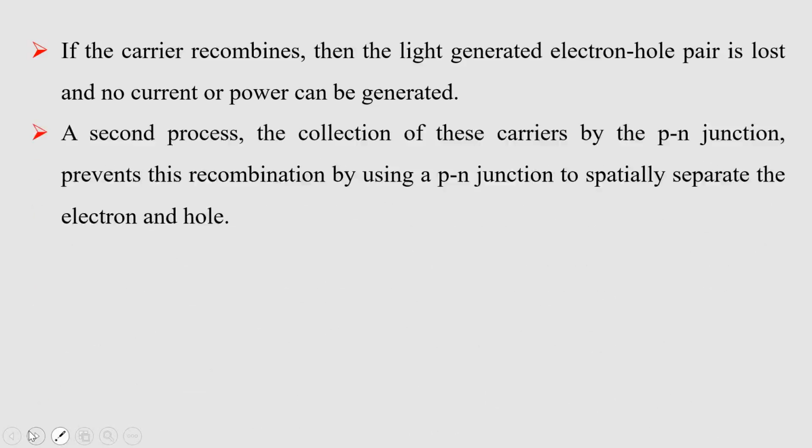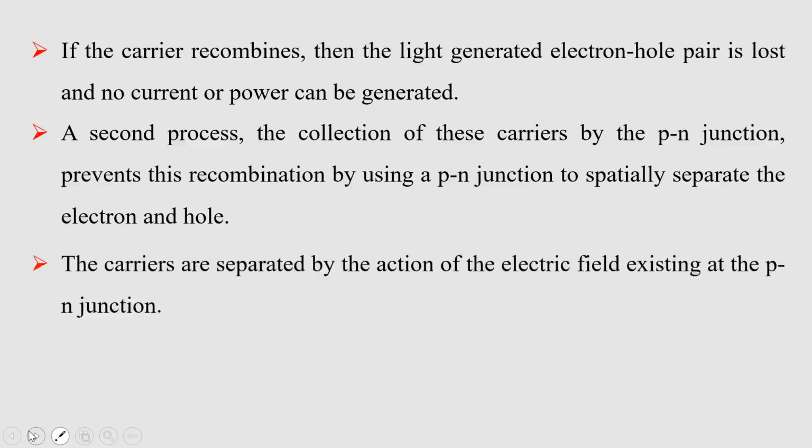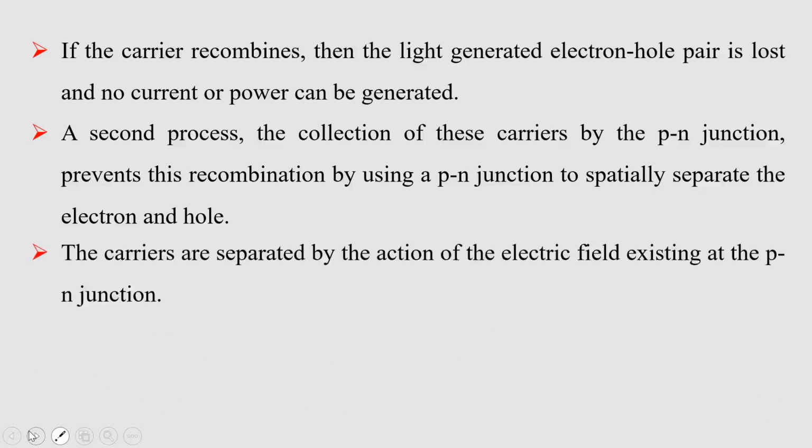The second process is the collection of these carriers by the PN junction, which prevents this recombination by using a P and N junction to spatially separate the electron and hole. The carriers are separated by the action of the electric field existing at the P and N junction.